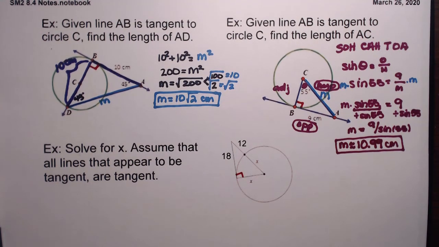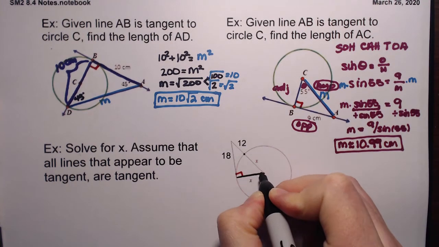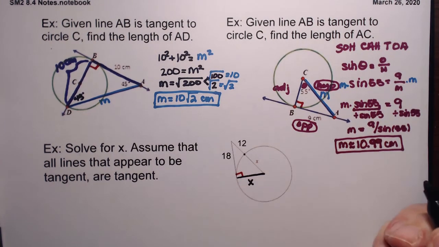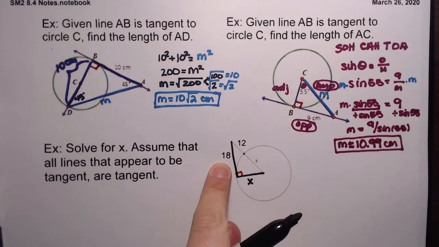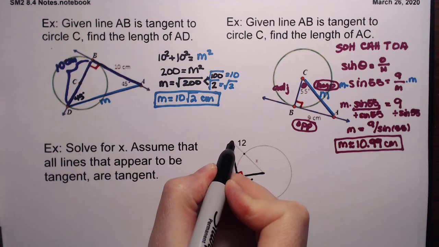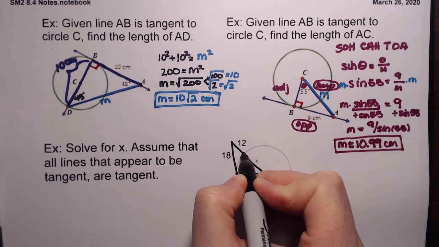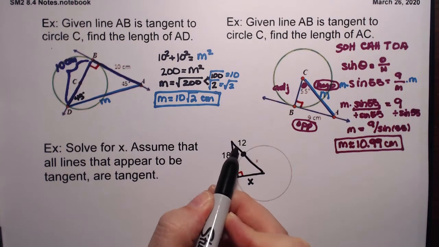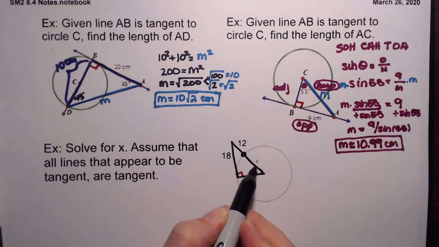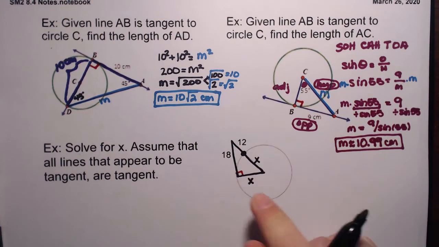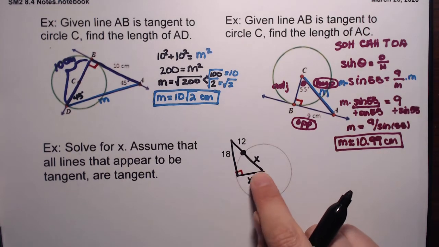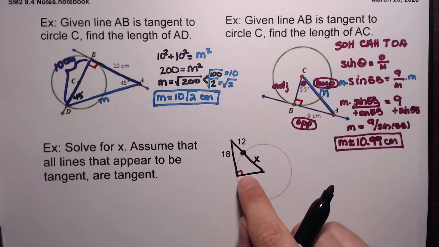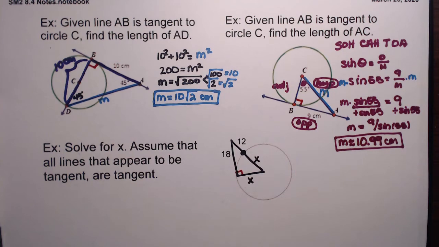Now my triangle is weird because it's saying this side has a length of x, this side has a length of 18, but this side is being split. So this piece right here is 12, this is x. Why would they be the same length? Well, in both cases, they're the radius of the circle, so they're going to be equivalent.